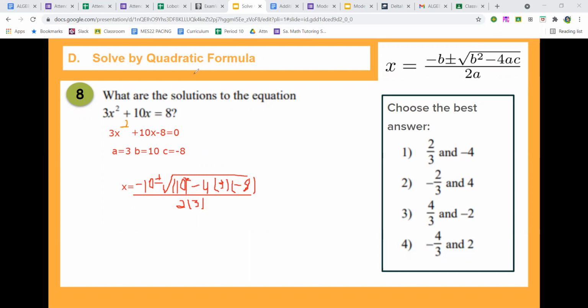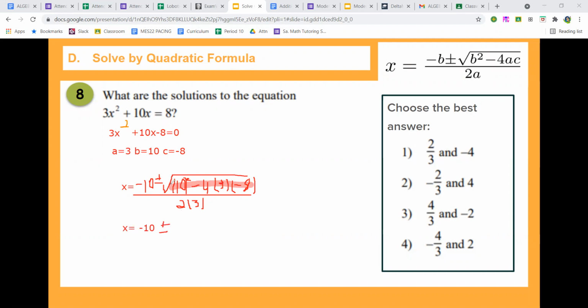So now we'll begin to solve, and I'll practice using order of operations. You can plug the discriminant into your calculator to simplify this part, but you might not be able to get all of this into your calculator accurately without a lot of practice. So x equals negative 10 plus or minus.